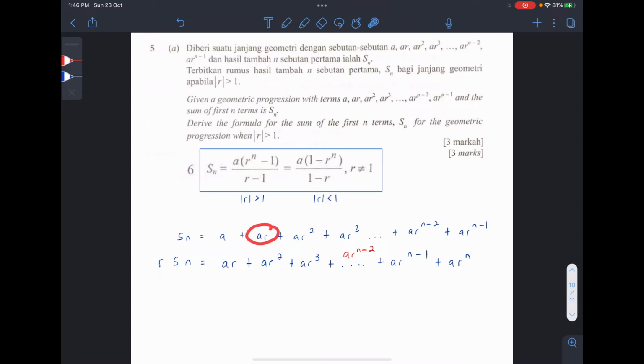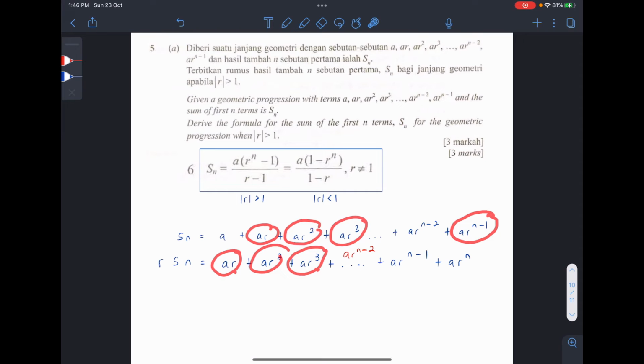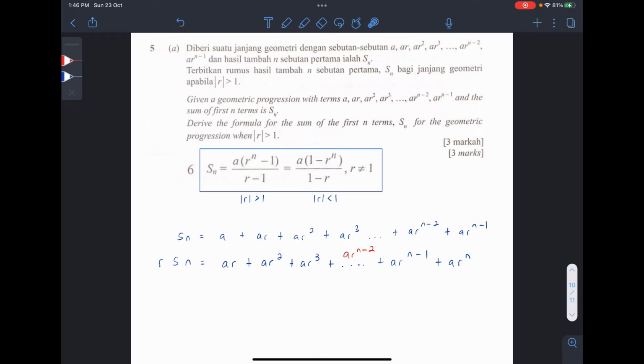You see ar over here. See, it has shifted. So ar squared, ar cubed. And look here, we got ar to the power of n minus 1. So what's the term before this? Exactly, guys. It's going to be ar to the power of n minus 2. So let's subtract the second equation from the first.